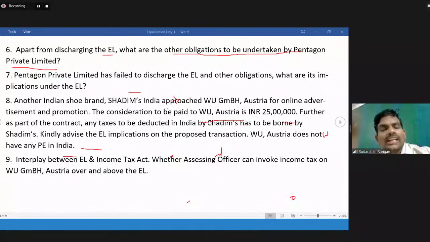When there is no treaty, I cannot take credit in my country. So they found out that my net revenue was only 23.5 lakhs; 1.5 lakhs went to the Indian government. So what they did, very smartly, next time, when Shadim, another Indian company, approached, they said, look, I want 25 lakhs. Any tax, all those things, you have to bear it. This is as per the contract.